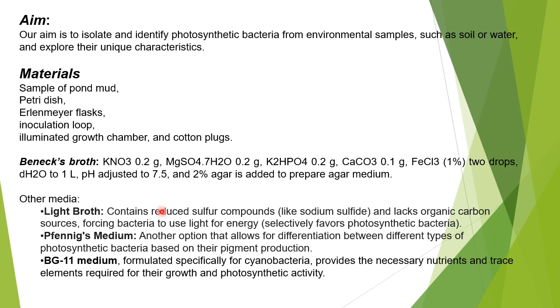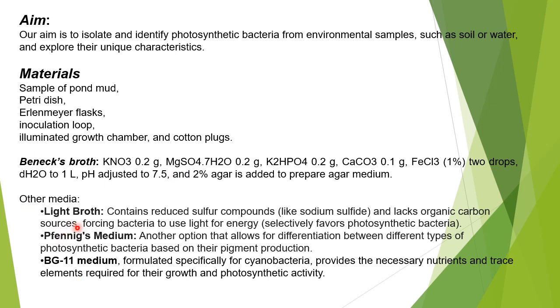Now the type of media that you use depends on the desired microbe you are trying to isolate. For example, Bennett's broth is used for purple sulfur bacteria or green sulfur bacteria, as it has sulfur in its composition.